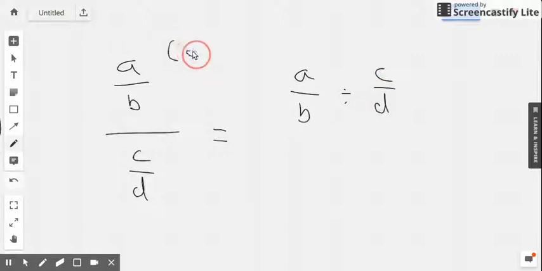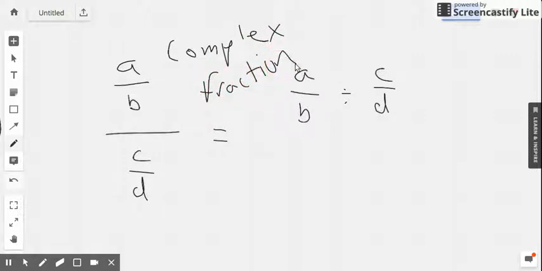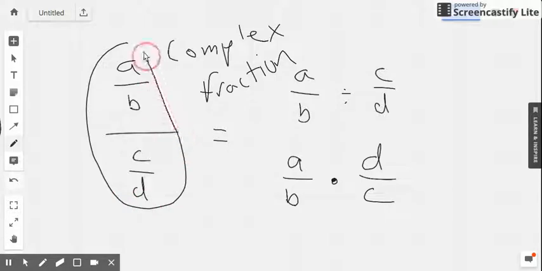This is just called a complex fraction. But it's just another way of writing this same thing here. A over b divided by c over d, which means it's the same as a over b times d over c, which is often the way you're going to want to deal with this. You're going to want to take this and turn it into this to make it a lot easier. Okay, and that's it.